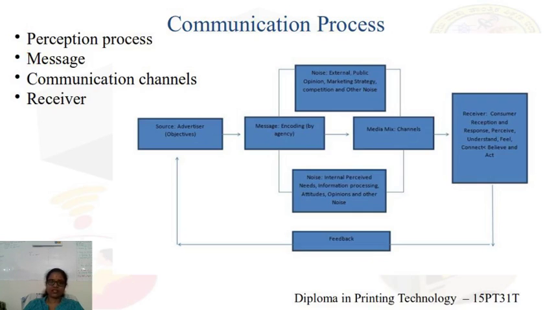Once the receiver understands the communication correctly, he will be in a position to give a good or bad feedback to the source. Also in between there could be chances of noise arising.